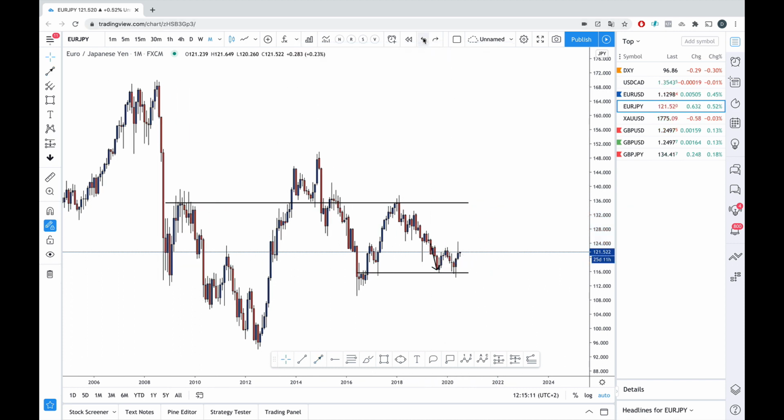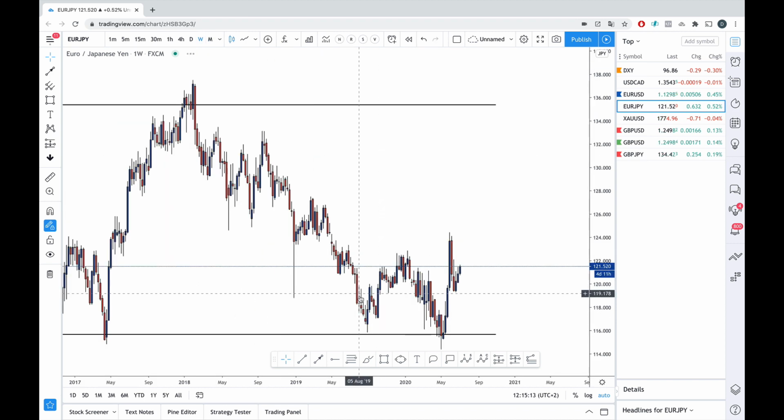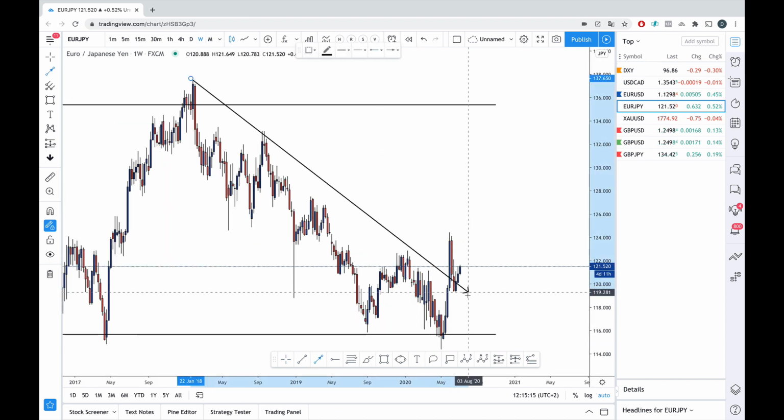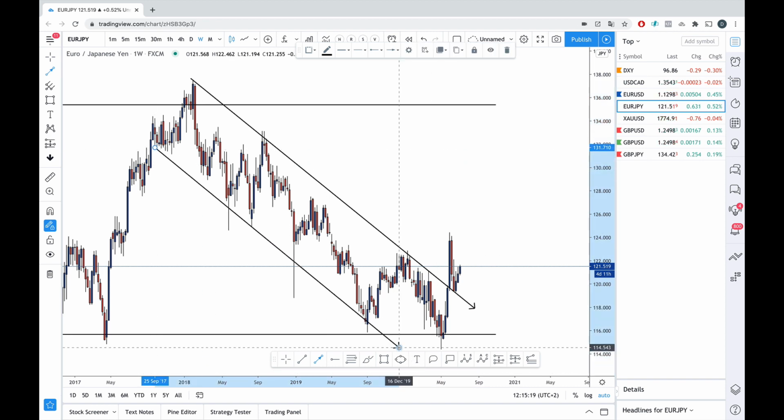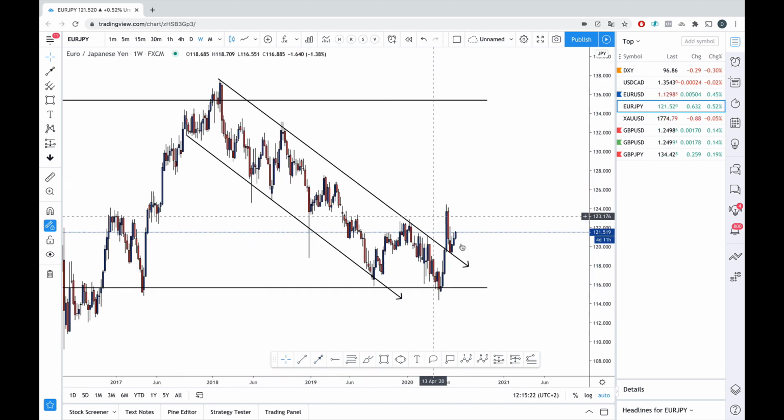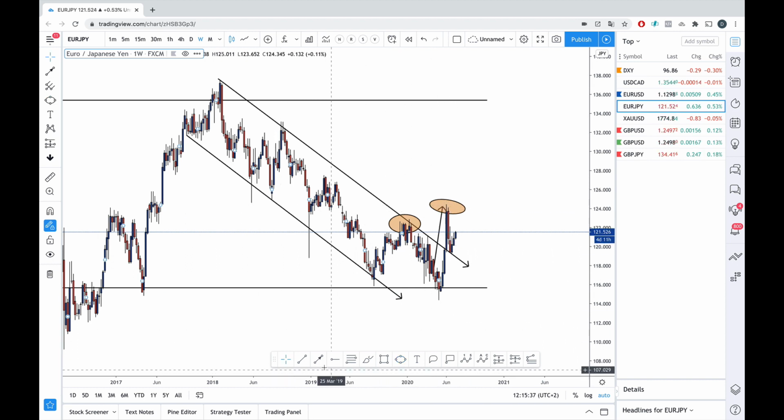And if we are going to switch now to weekly, we can see this nice bearish trend channel over here, okay? And price broke out at this trend channel here, and it also created a new high. This was the previous lower high, and yeah, price created a new high here.